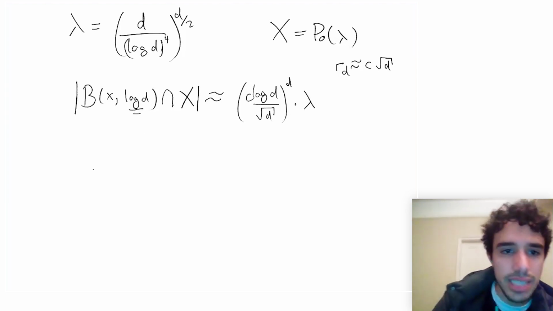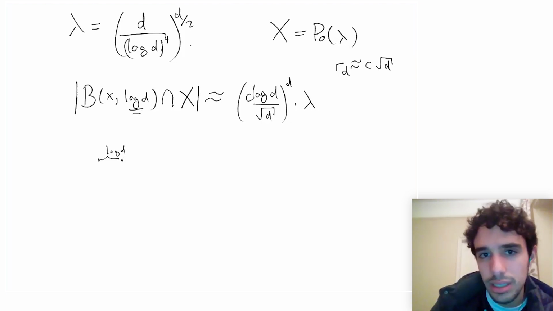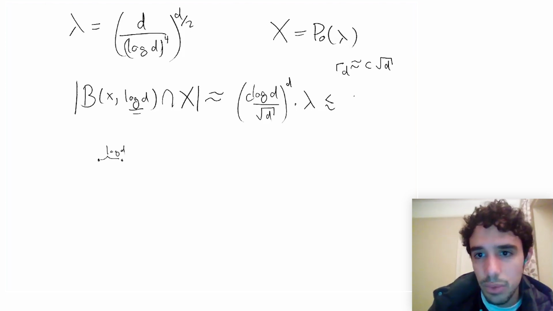We'll be clear in a second why I'm looking at this radius. Basically I want to say that almost all pairs of points in our set X will have distance at least log d. And now this thing is at most, when we substitute lambda in, 1 over log d to the d.